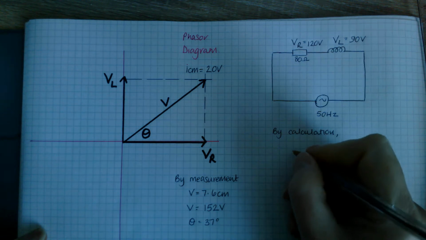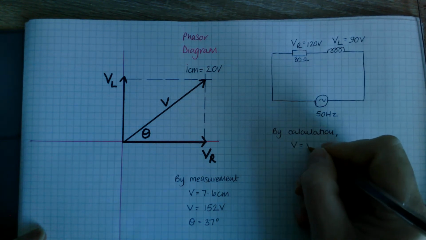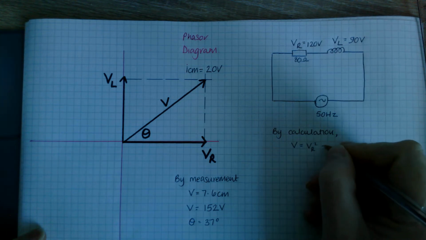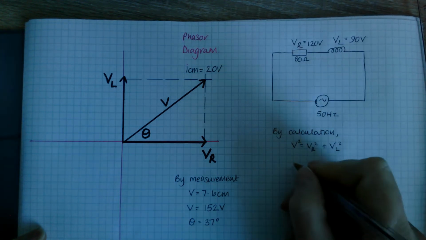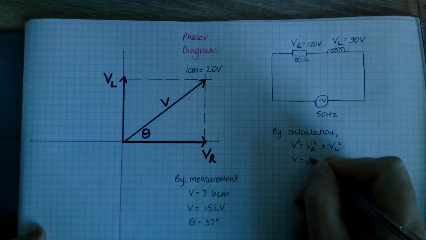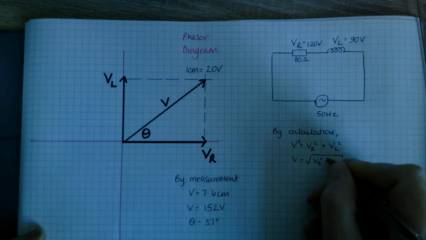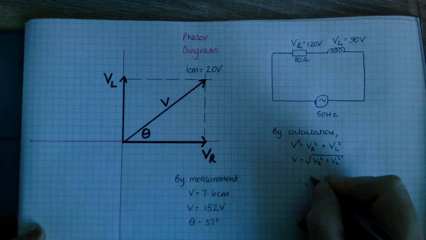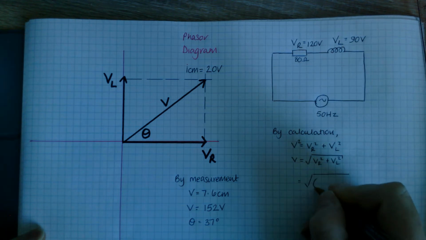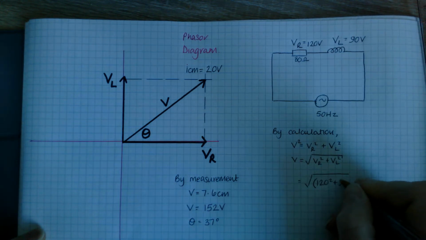So by calculation, using Pythagoras, my V will be equal to the square root of VR squared plus VL squared. Now to do this, because I'm going to put it in my calculator, I'm going to bracket this part here. So my VR is 120, my VL is 90.